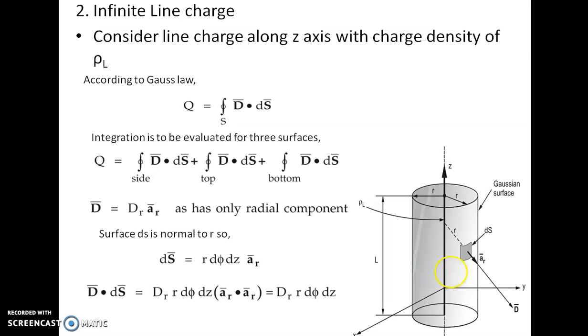So the top and bottom surfaces produce zero effect, and D dot dS for the top and for the bottom are equated to 0.